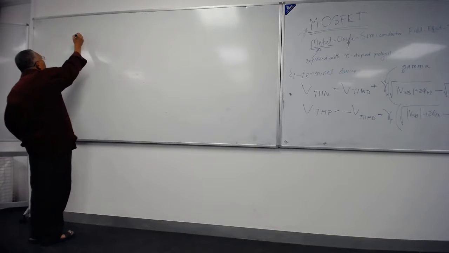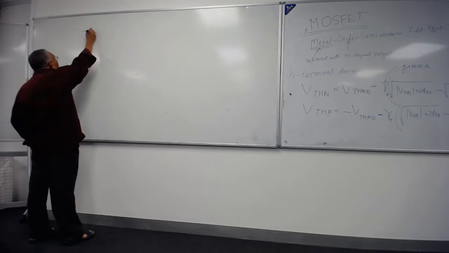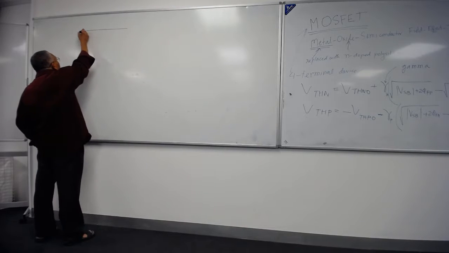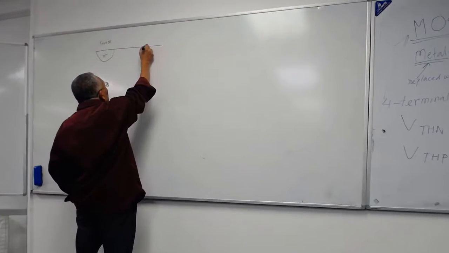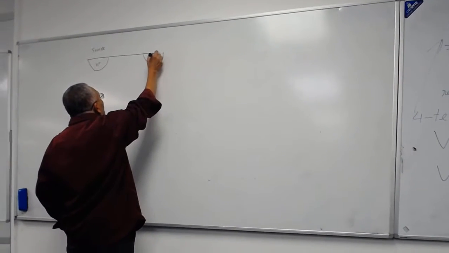So say you have an N MOSFET. Okay, I draw on the top here. You have an N MOSFET. This is the N plus source. And then here you have your N plus drain.